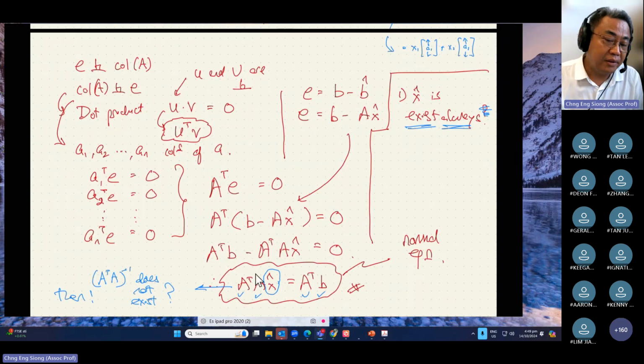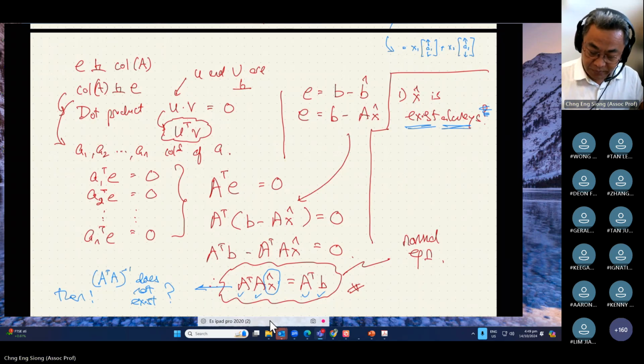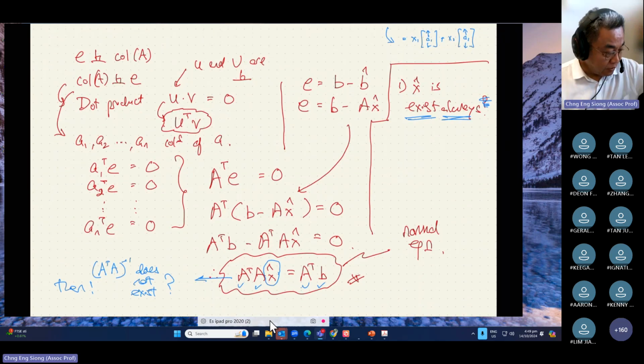Left-hand side equals right-hand side. All the variables are sitting there and the only unknown variable is x hat. We can solve for x hat, even if A transpose A is not invertible. Okay, let's see why, guys.